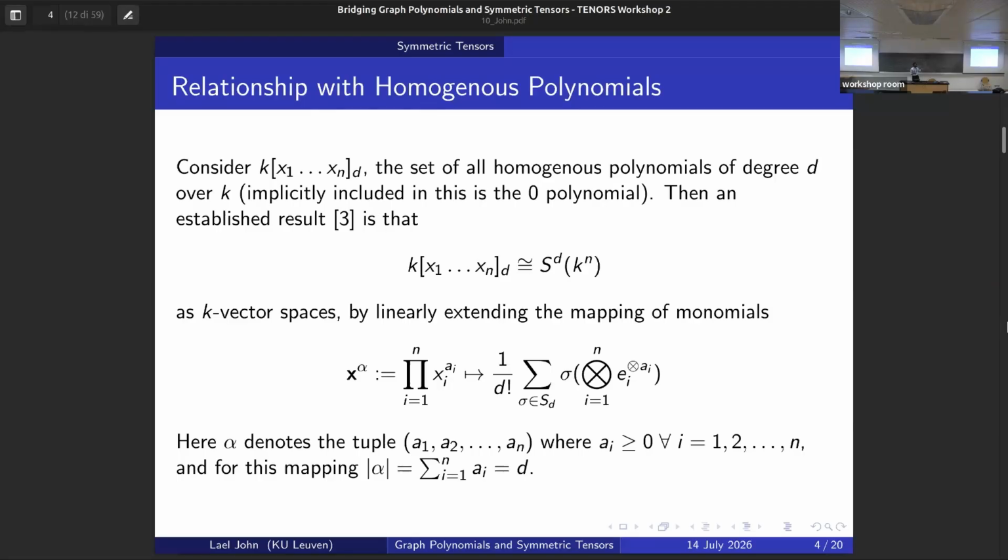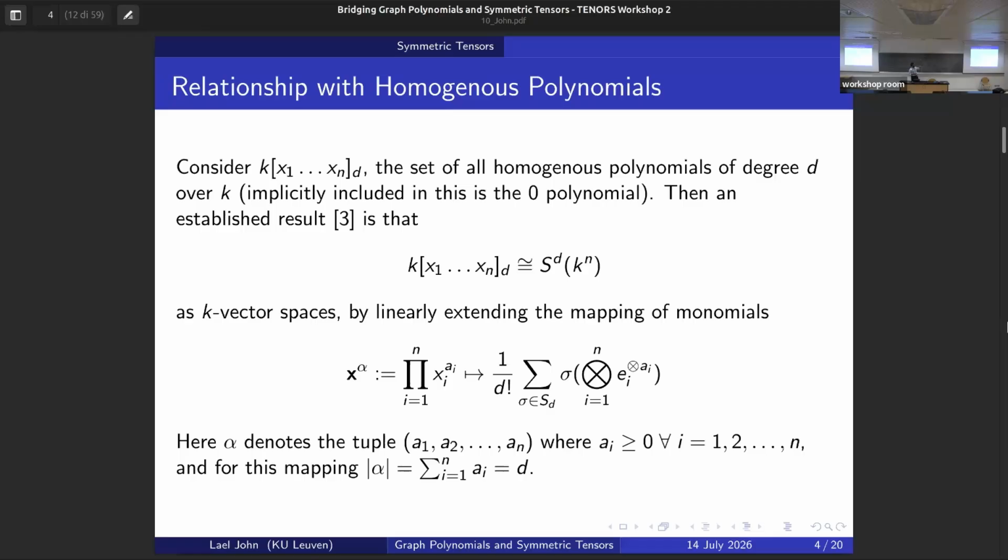So we've seen this covered before. I think Matteo covered this as well, which is what is the relationship of symmetric tensors with homogeneous polynomials. So there is a result in the literature that says that if I take my homogeneous polynomials of fixed degree in a polynomial ring, then I have an isomorphism of k vector spaces between the homogeneous polynomials of fixed degree and symmetric order D tensors, right?